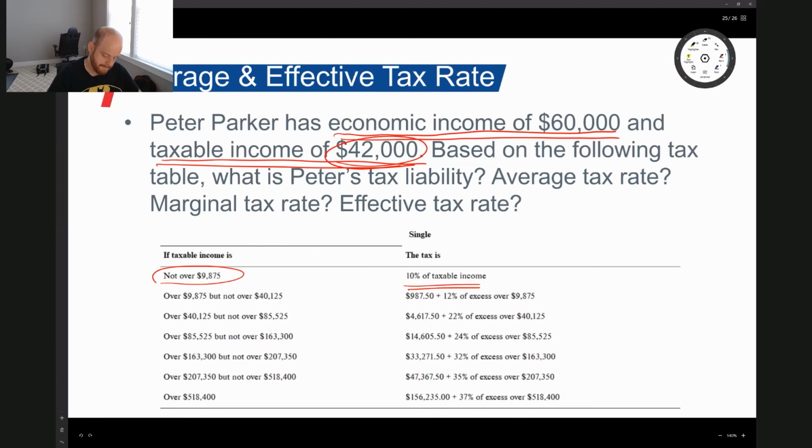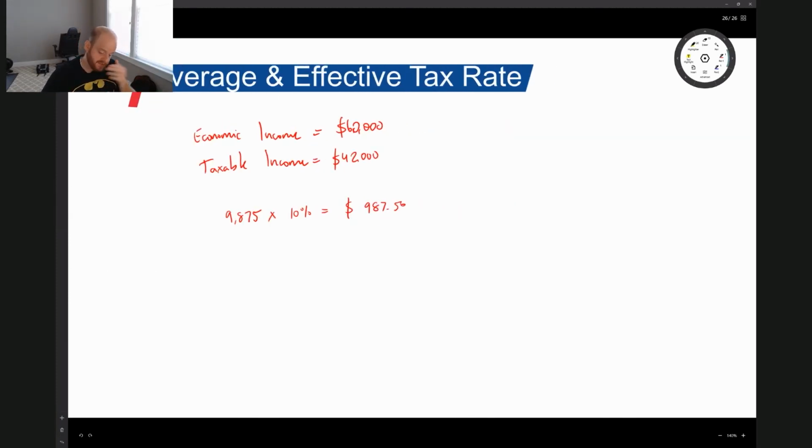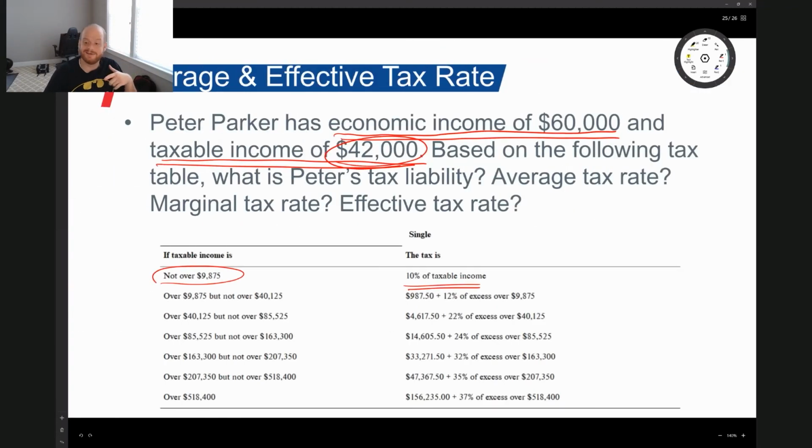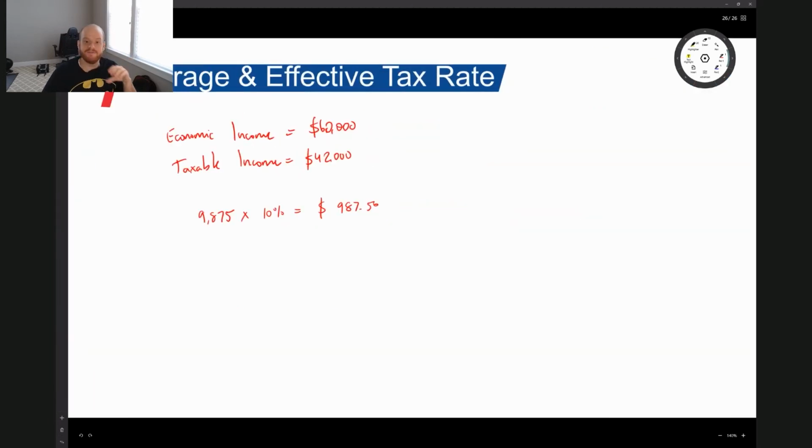So we have $9,875 times 10% is $987.50, right? This is the current income tax bracket structure for a single taxpayer. And according to that, the first $9,875 is going to be taxed at 10%. So $987.50 is what he's going to pay initially.